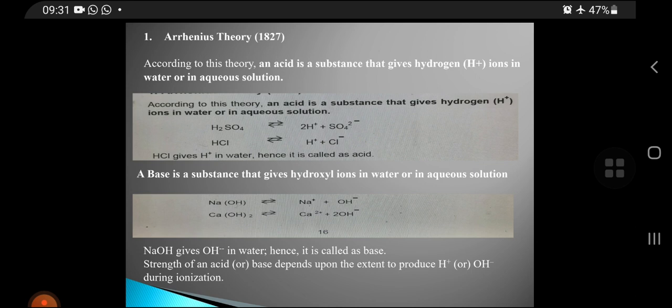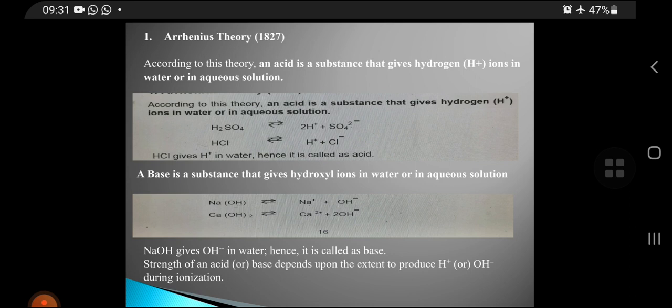So, any aqueous solution that produces H plus ion is an acid. For example, H2SO4 produces 2H plus and SO4 2 minus in solution. So, H2SO4 is an acid because it gives hydrogen ion in aqueous solution.